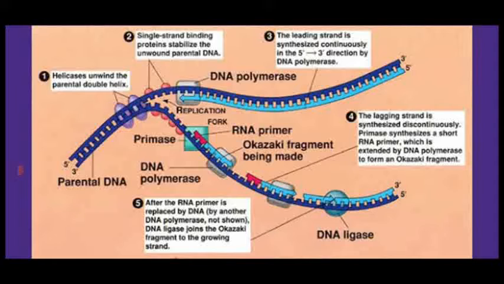See the RNA primer, in red color. This RNA primer is extended into newly formed fragments with the help of DNA polymerase. These Okazaki fragments are afterwards connected by the enzyme called DNA ligase.